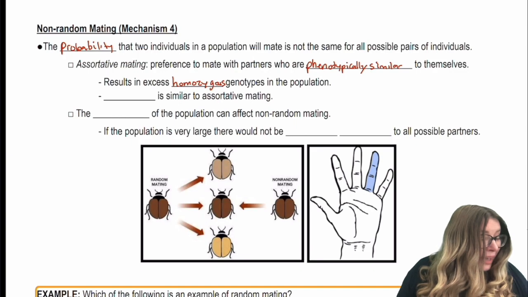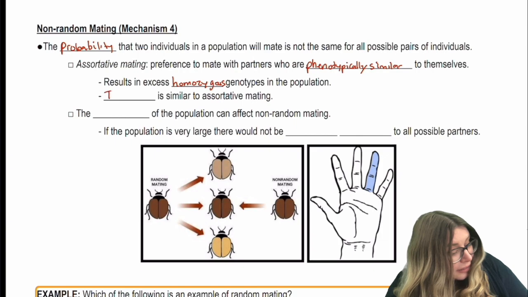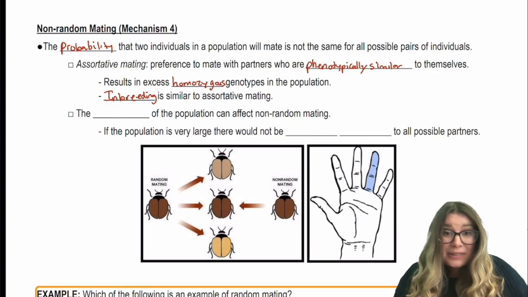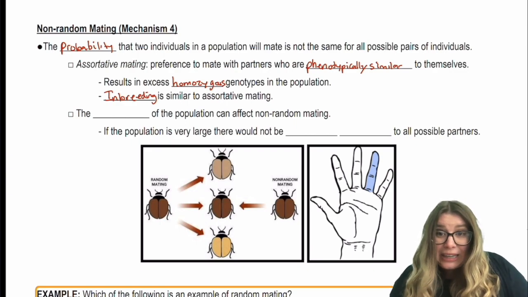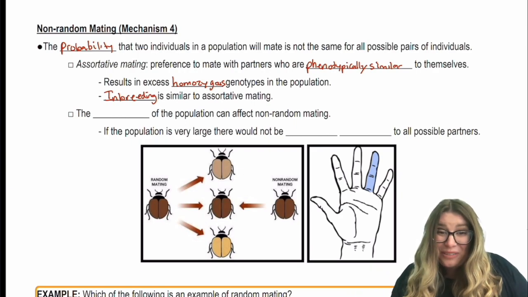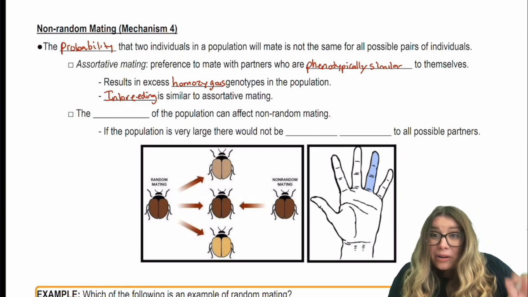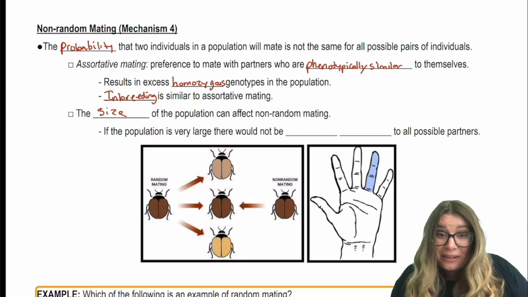Assortative mating is very similar to inbreeding. Inbreeding is when two closely related organisms mate with each other. Just like inbreeding can lead to an excess of homozygous genotypes, so can assortative mating. So those two are very similar. One more thing about non-random mating is that the size of a population can affect it.